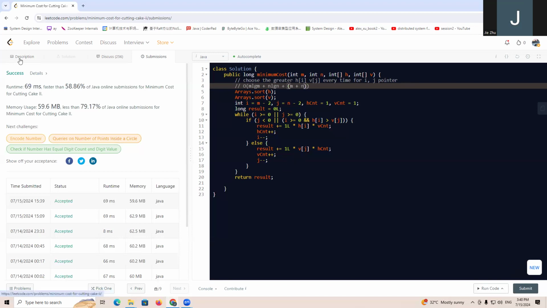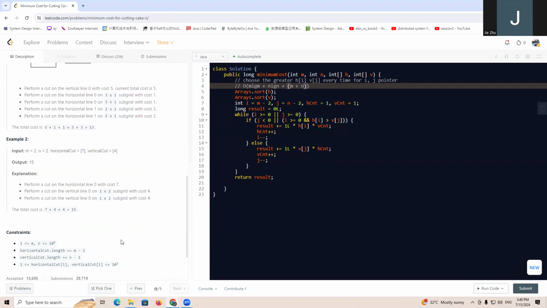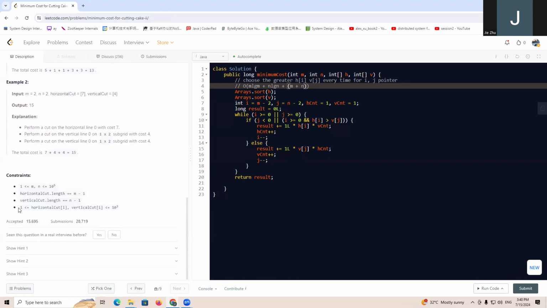We are thinking about this question. They have a certain range: horizontal costs and vertical costs are smaller or equal to 10 to the power 3, right? So we know for this kind of range, it is smaller than the order of m and n.